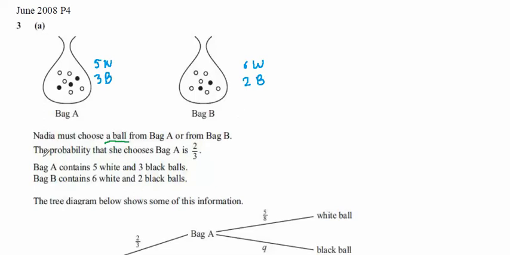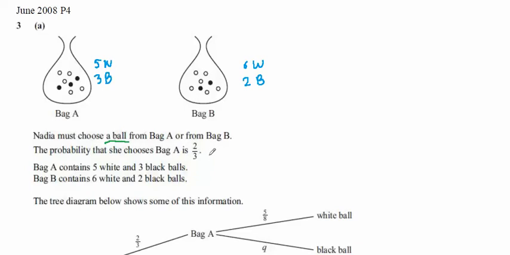So the probability that she chooses bag A is 2 over 3. See it again. The statement is the probability that she chooses bag A is 2 over 3. So it means there is more chance to select from bag A. Remember, the experiment is first the bag is selected and then from the bag a ball is selected.